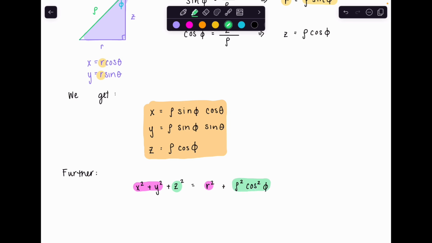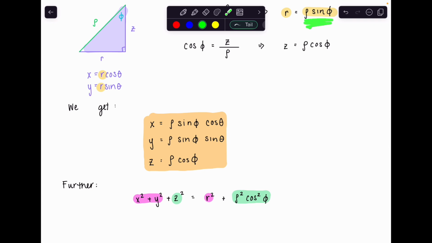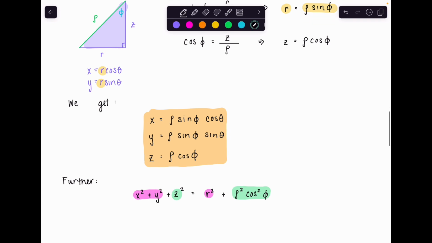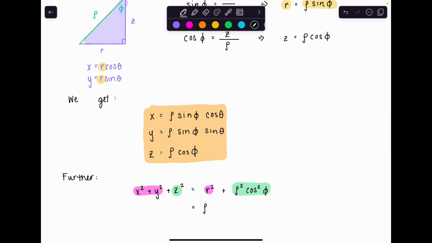And then realistically, using the same exact formula we have up here for r, I can replace r by rho sine of phi. So this is equal to rho squared sine squared of phi plus rho squared cosine squared of phi. And then you can factor out the rho squared.